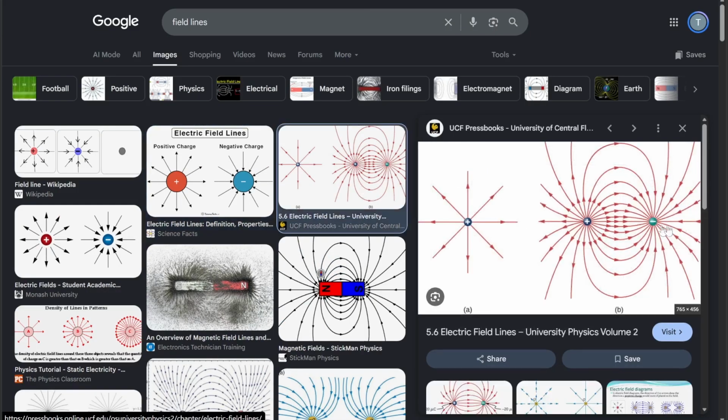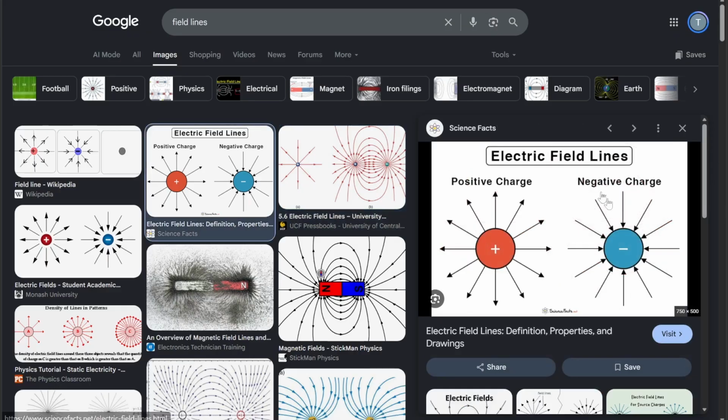And this tells you where the electrons would flow, so the flow of the current goes away from the positive charges since like charges repel, and goes into negative charges since opposites attract. As you can see, the curves are going in.